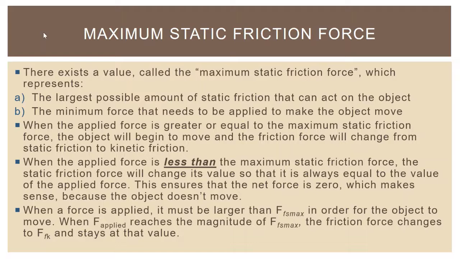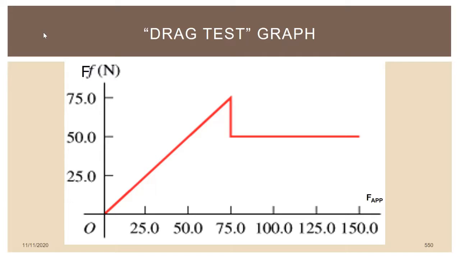Okay, so there is a very important kind of graph that we need to look at in this class, and it's called a drag test graph. A drag test is what you get when you take an object on a surface, tie a string to it, and attach a force sensor to that string.